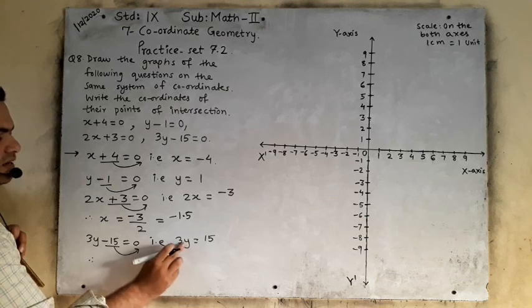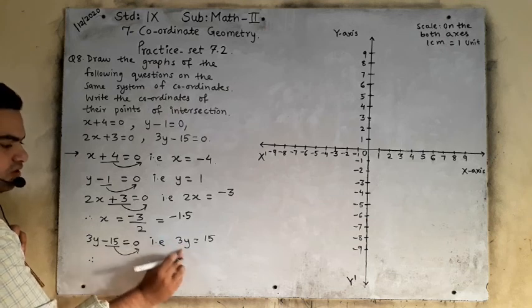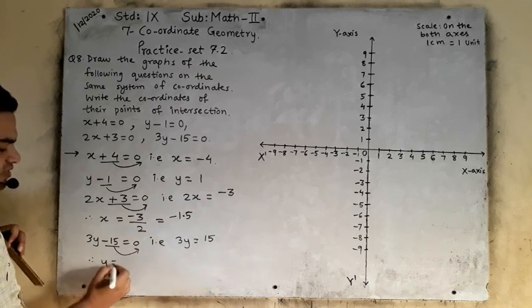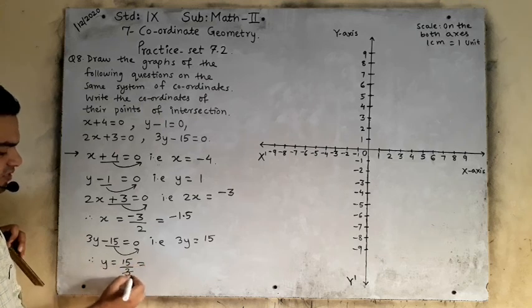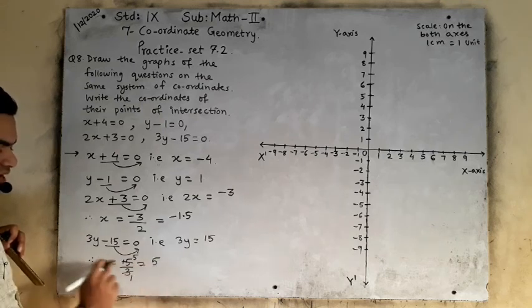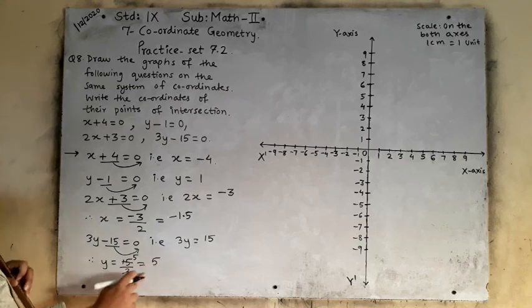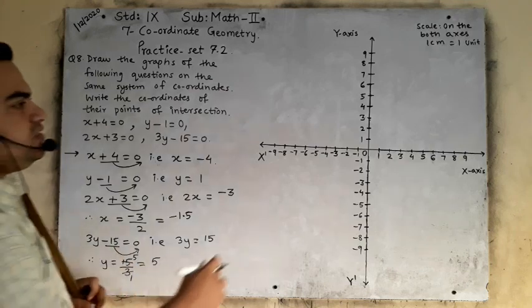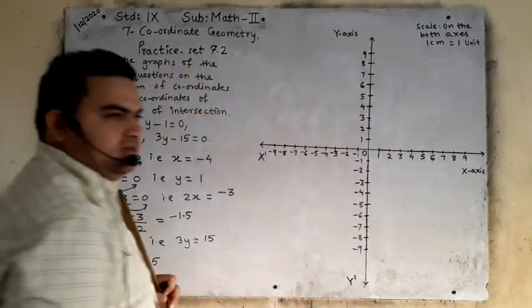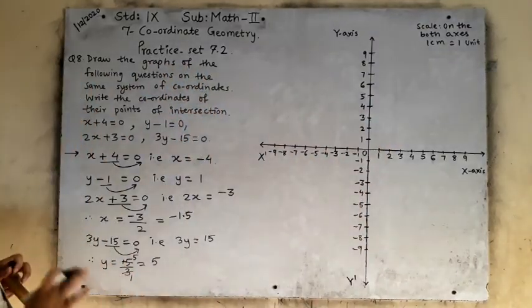So this 3 will go to the right hand side and divide the 15. Therefore y is equal to 15 upon 3. 3 ones are 3, 3 fives are 15. So the answer will come y is equal to 5. It means y is equal to 5, on the y-axis, 5 is here, you will draw a line. Is it clear? Now see, one by one you will draw a line.